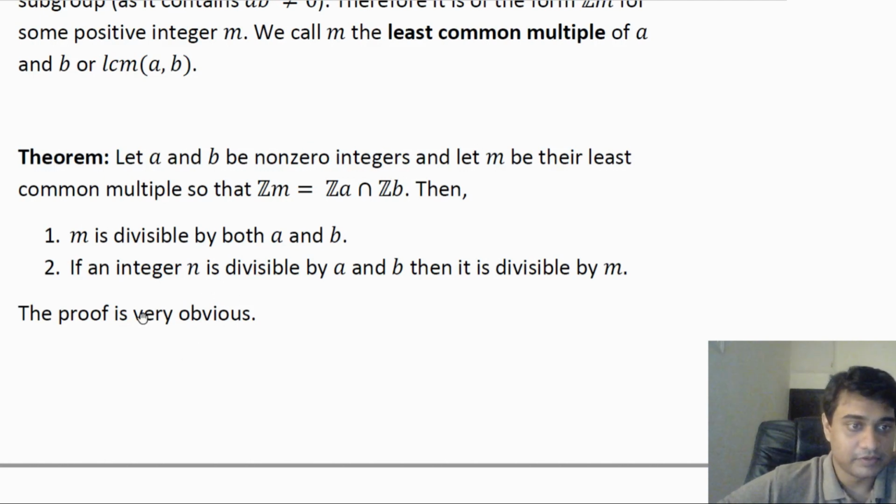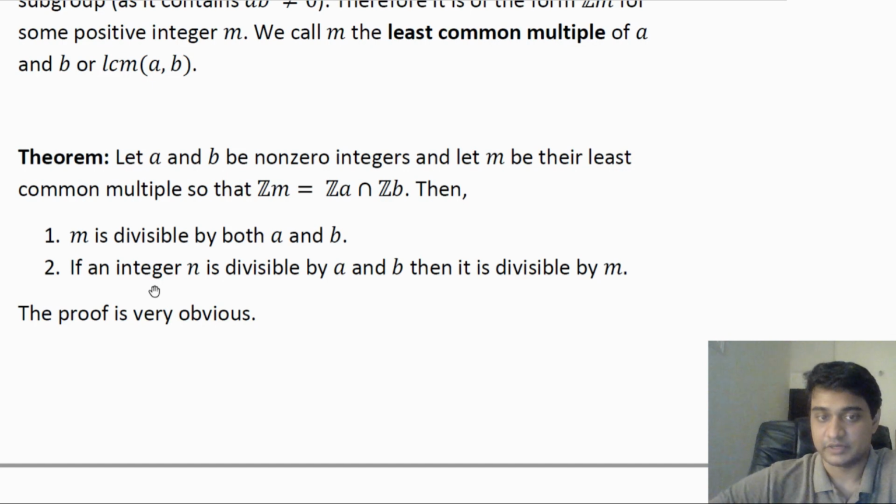And the second property says that if an integer n is a multiple of A and B, then it is divisible by M. So being divisible by M means that if it is a positive integer, then it is greater than or equal to M.